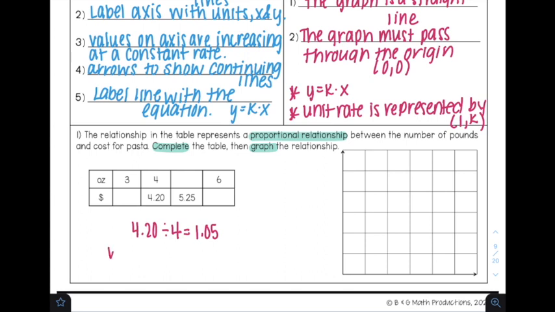So let's say y equals kx, k times x. So y equals 1.05x, and now we can substitute in ounces for x, and y is our cost. So I would do 3 times $1.05. 3 ounces would cost $3.15.